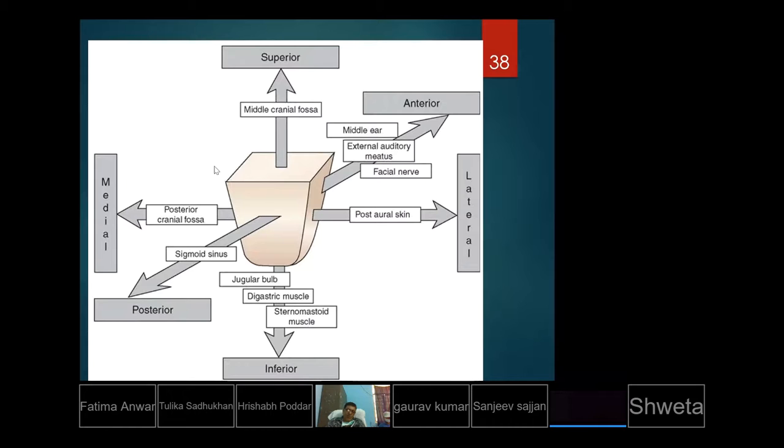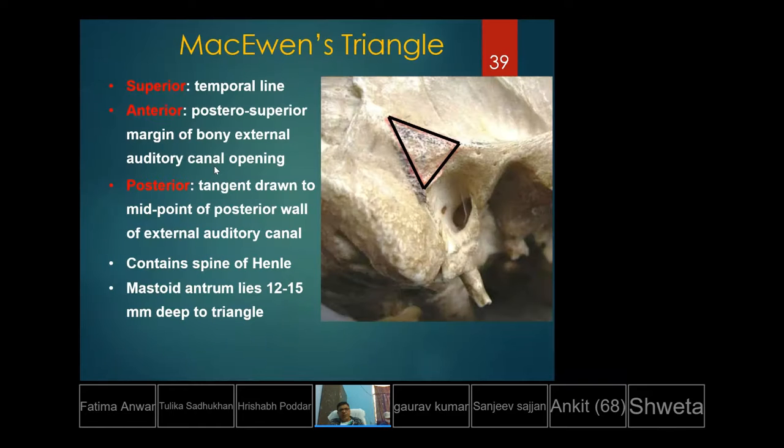So, the floor is related with the jugular bulb, digastric muscle, sternomastoid muscle, and the posterior wall. The posterior wall has the sigmoid sinus. Similarly, the medial wall is related with the posterior cranial fossa and posterior semicircular canal.